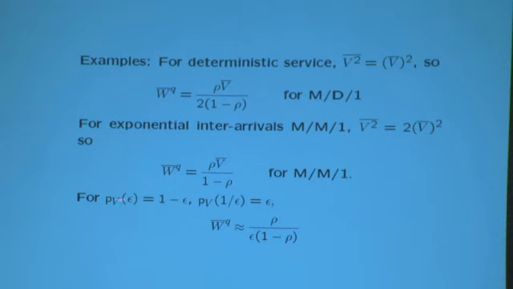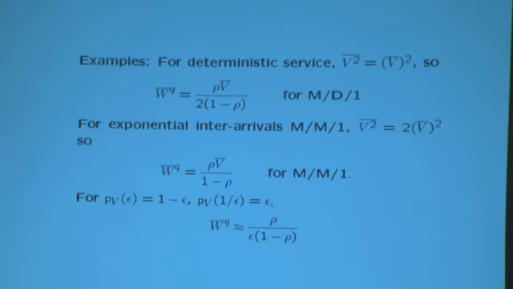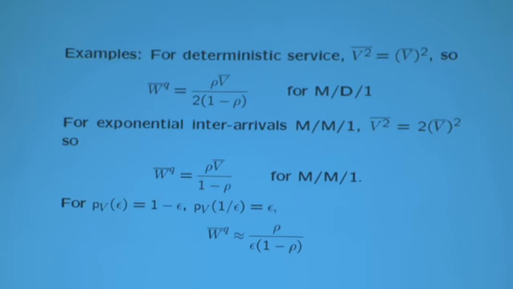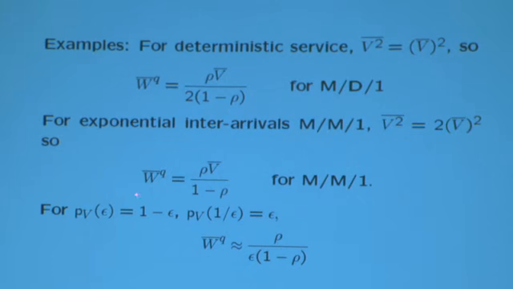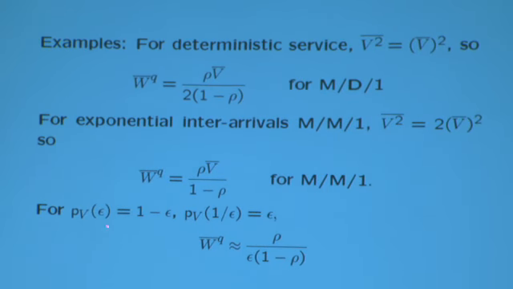If you look at this strange kind of distribution we talked about last time, a very, very heavy-tailed distribution in a sense. Binary distribution where V is equal to epsilon with probability 1 minus epsilon, and V is equal to 1 over epsilon with probability epsilon.